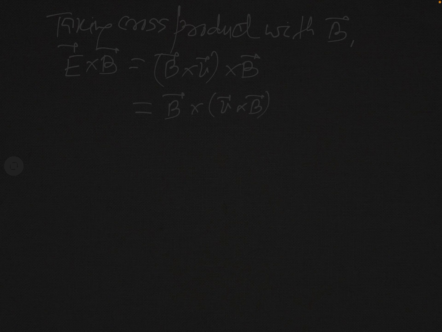See here the algebra. Since we have actually just reversed the order of cross product, this will be negative, and when we also reverse the order of cross product B cross V, that will also be negative, so minus minus will become plus.